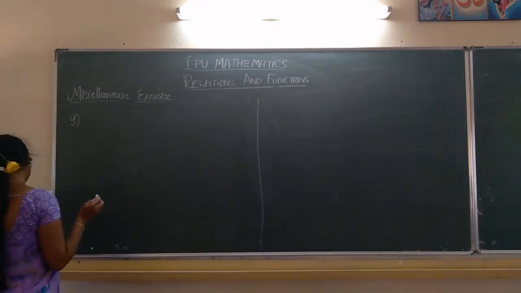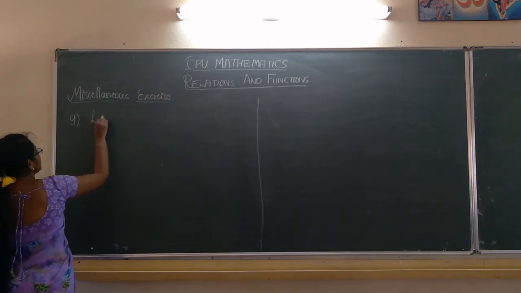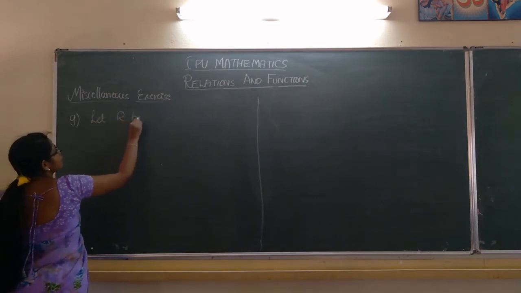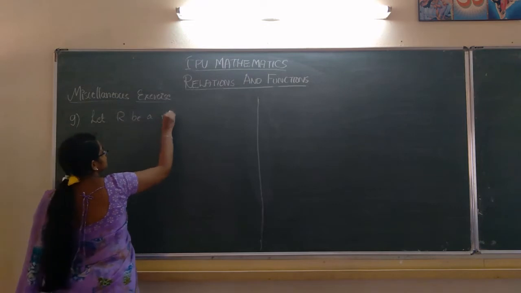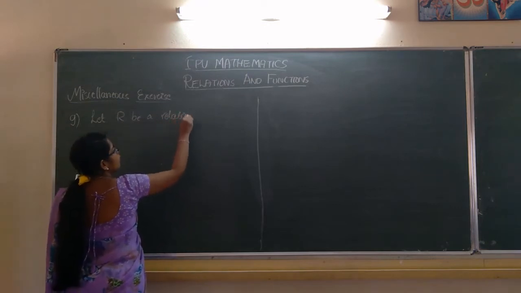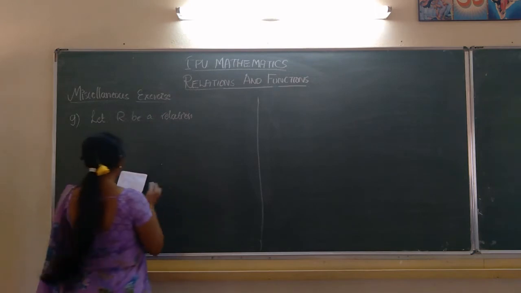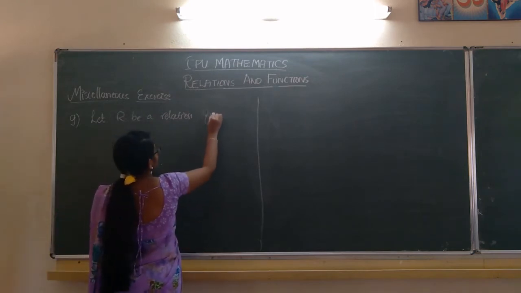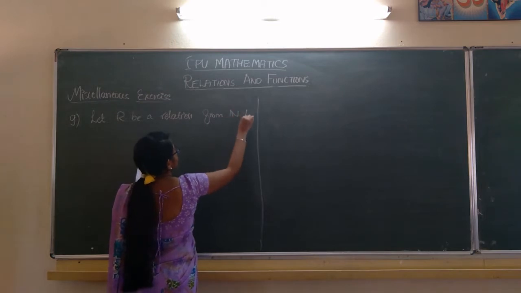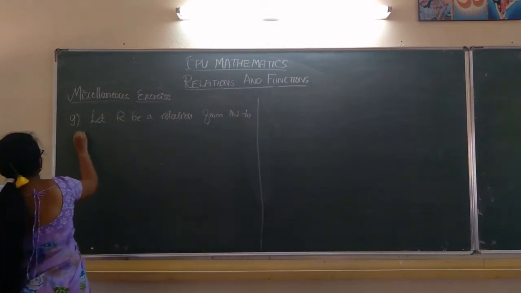Let R be a relation from N to N. I hope you remember what is a relation, right? It is a subset of A cross B. N is the set of all natural numbers.